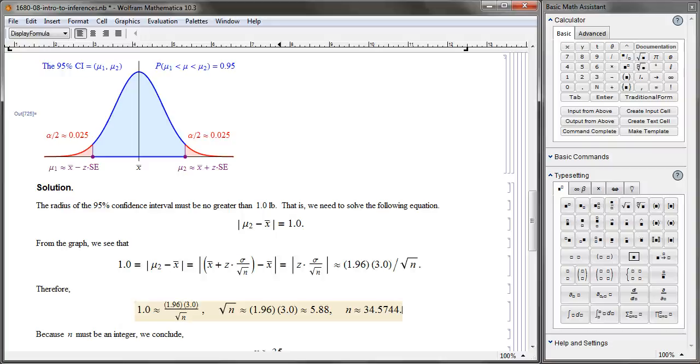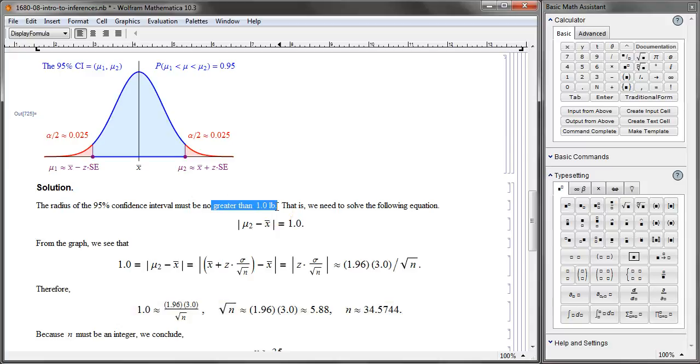Taking the square, we get n is approximately 34.57 something. But you cannot select a decimal number of people. So in order to satisfy this, you have to round up. Even if you have 34.10 something, you have to round it up because this interval must be no greater than 1 pound. 1 pound is the limit.